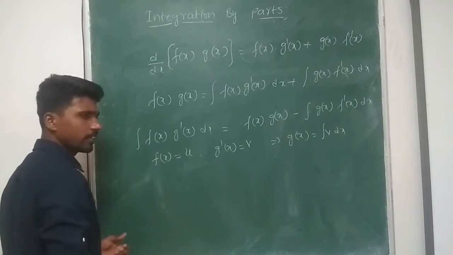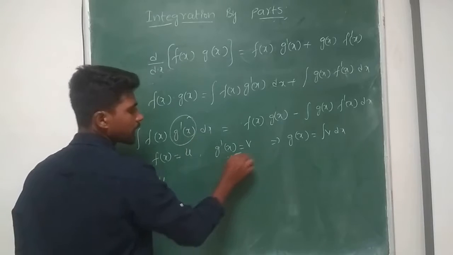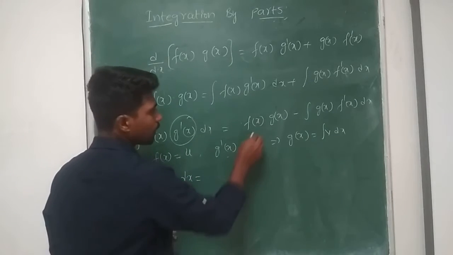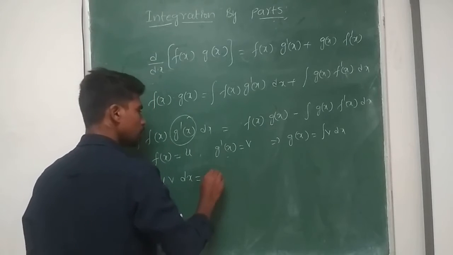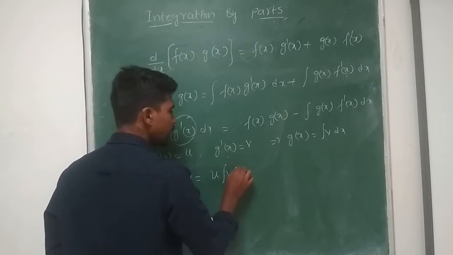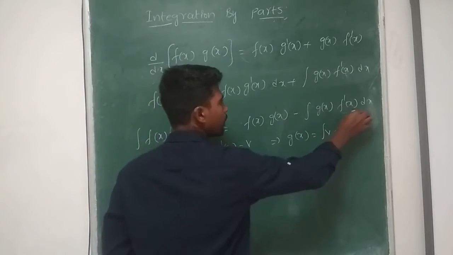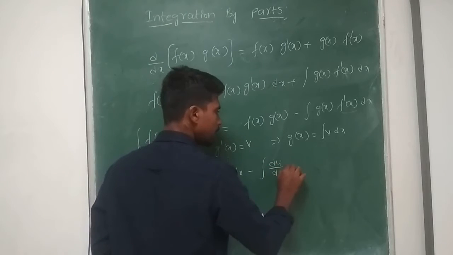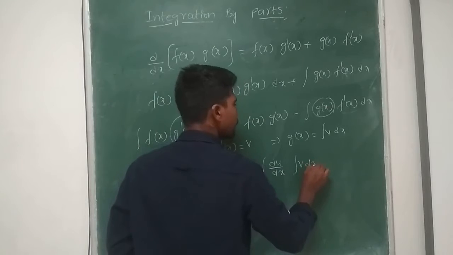Now the expression changes: integral of f of x, which is u, into g dash of x, which I consider as v, dx, is equal to u into g of x, which is nothing but integral v dx, minus integral g of x into f dash of x. F dash of x means du by dx, and integral g of x is nothing but integral v dx.